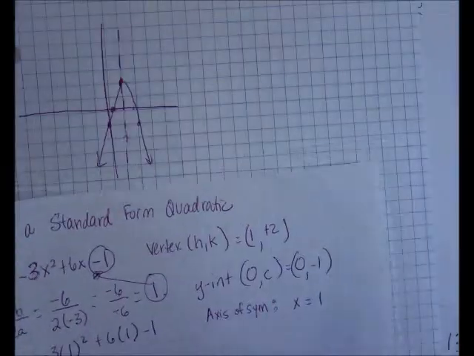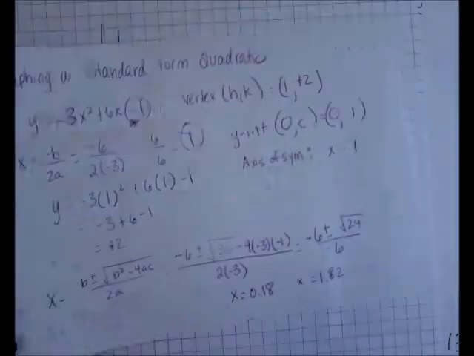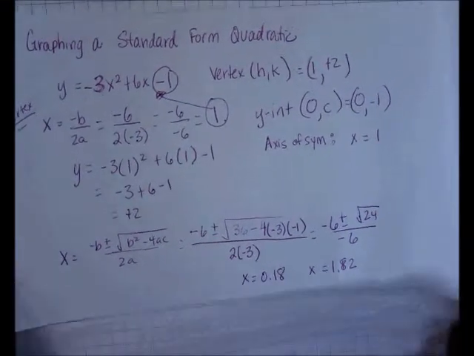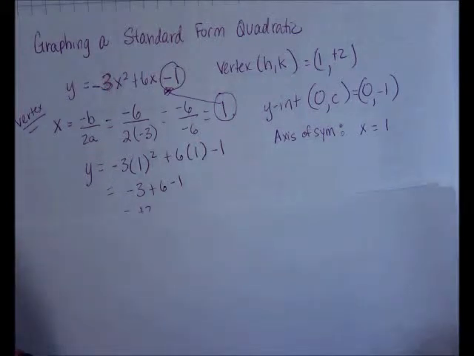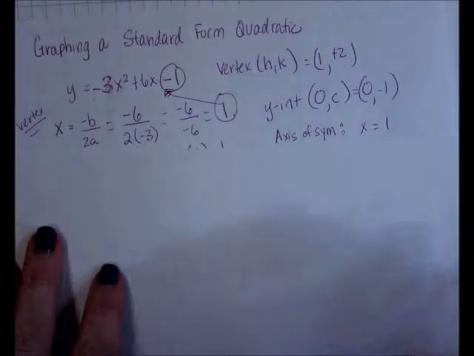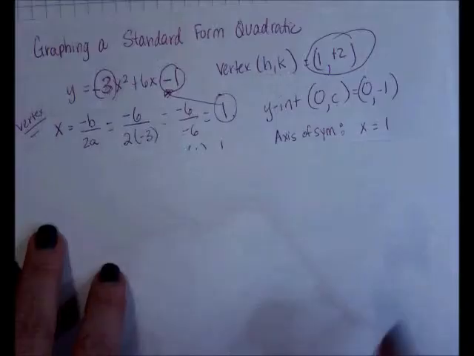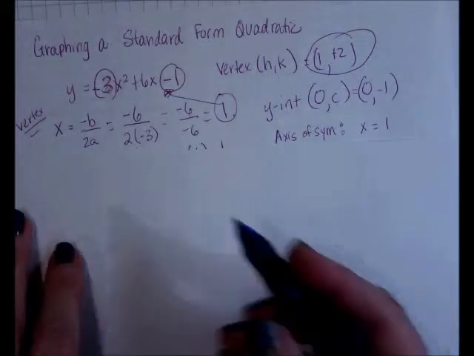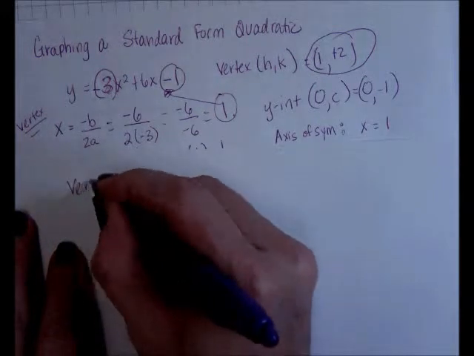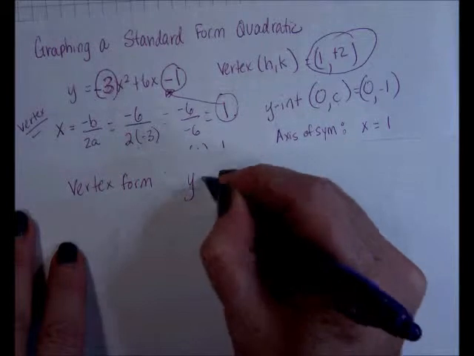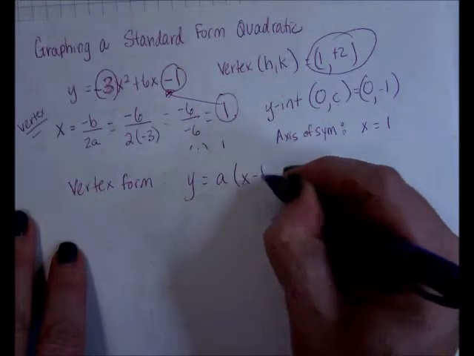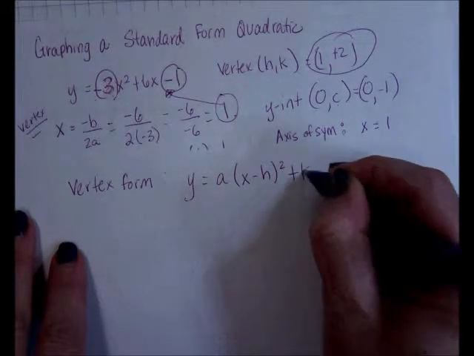Now I want to go ahead and turn this into a vertex form equation. So I've got some information that's going to help me do this, and that information is my vertex, and my a value that came from my standard form equation. So the vertex form of a quadratic is y is equal to a times x minus h squared plus k.